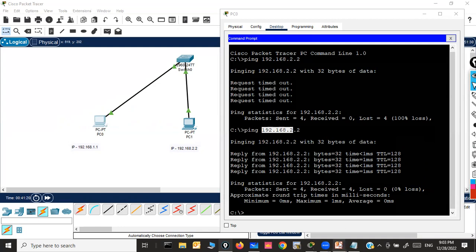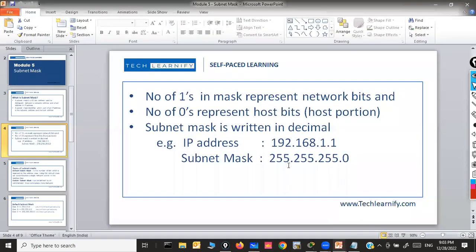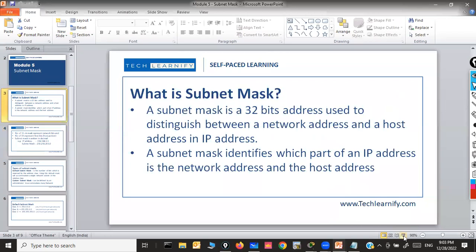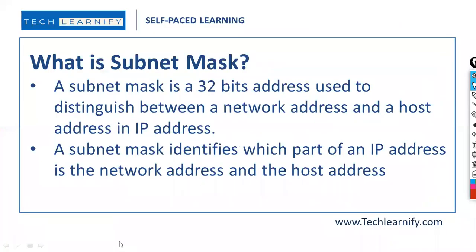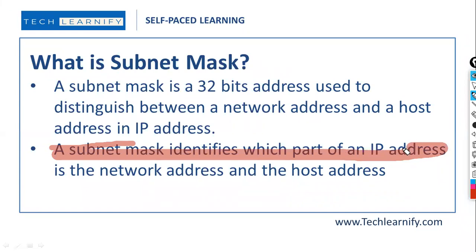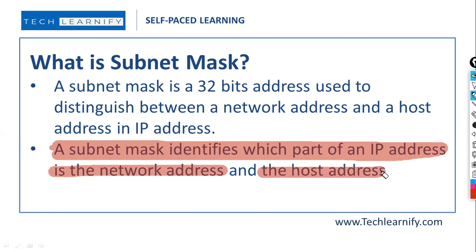And let me quickly jump to this file again, and probably now you will understand the meaning of this second line. Let me highlight this. A subnet mask identifies which part of an IP address is the network address and the host address.